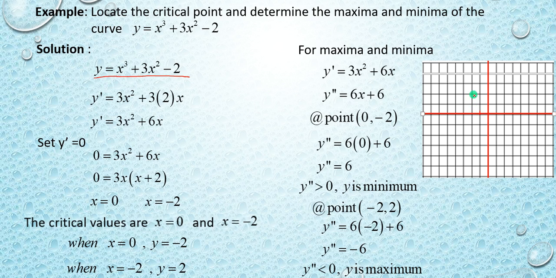We have plotted here the value that is negative 2 and 2. So also the other set is 0 and negative 2. We put it in here. So we have here 0 and negative 2.